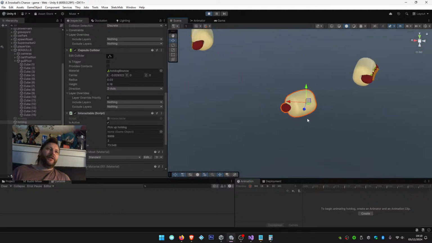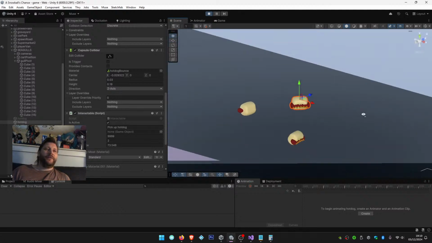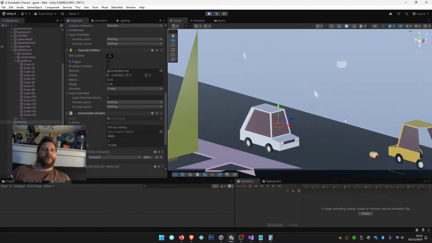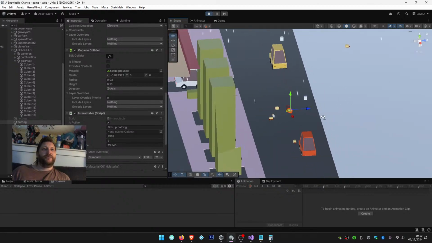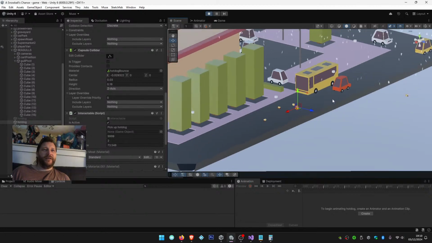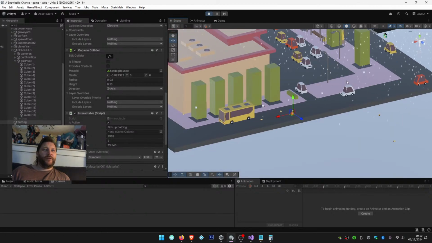Okay, so there's a hot dog here. I've got to find that specific one now, though. Where's the nearest hot dog to me? Oh, well, I'm over there.